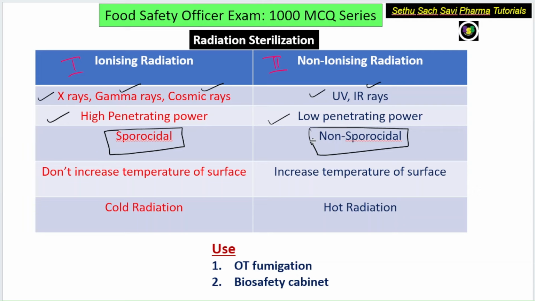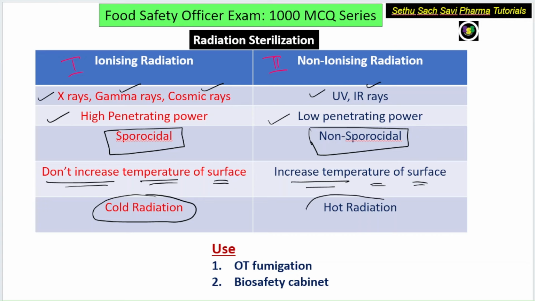One thing you need to know, ionizing radiation does not increase the temperature of the surface during sterilization, so it is called a cold radiation. Non-ionizing radiation like UV or IR can increase the temperature of the surface during sterilization, so it is considered a hot radiation.